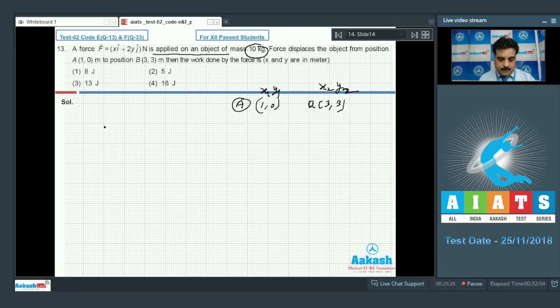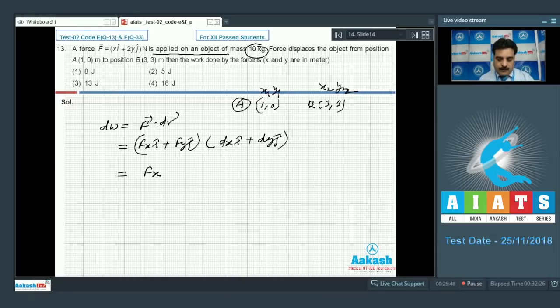So this is a simple question. Work done is given by F dot dr. I need the force first, so I can write Fx i cap, Fy j cap, and the displacement vector you can write as dx i cap, dy j cap. When you take the dot product, you get Fx dx, because i dot i is 1, plus Fy dy.